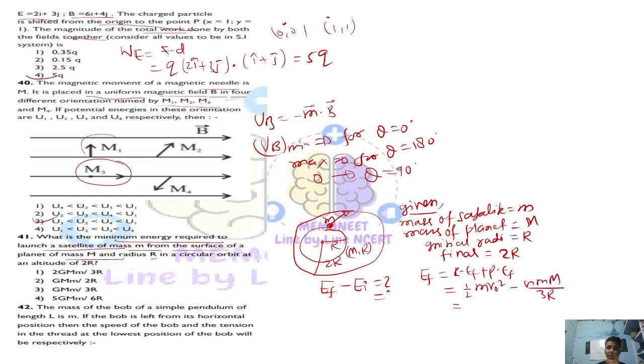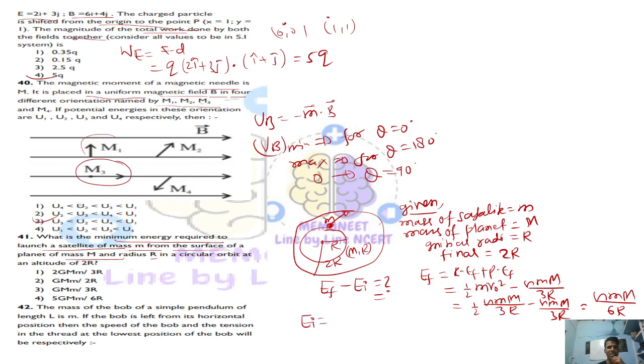Once you write the orbital velocity in terms of the potential energy, it's half GMm by 3R minus GMm by 3R. Once you solve it out, it becomes minus GMm by 6R.